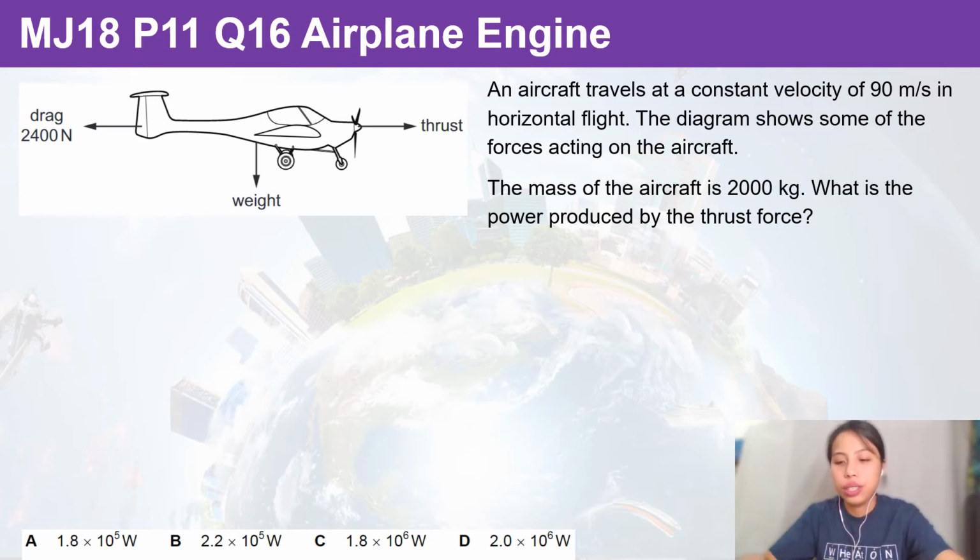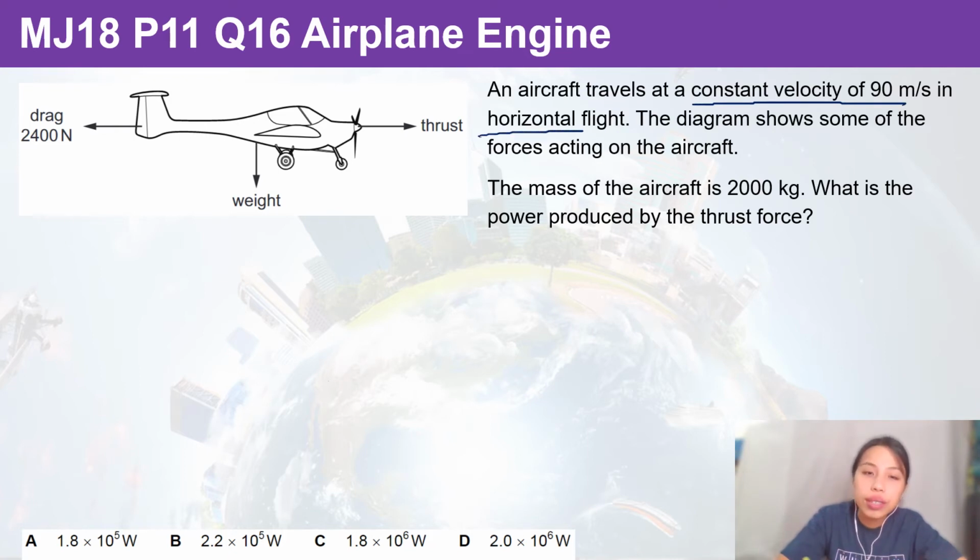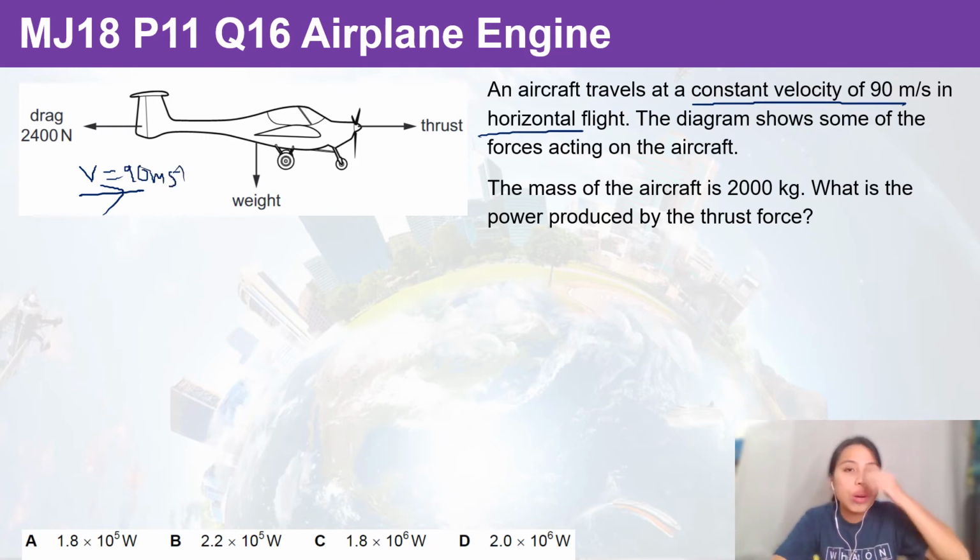Okay. So what's happening here is your aircraft is traveling at constant velocity on a horizontal flight. So if I want to label all the forces here, constant velocity v of 90 meters per second means that there's no net force, it's just cruising, which means the drag force should be cancelled by a thrust force of 2,400 newtons.